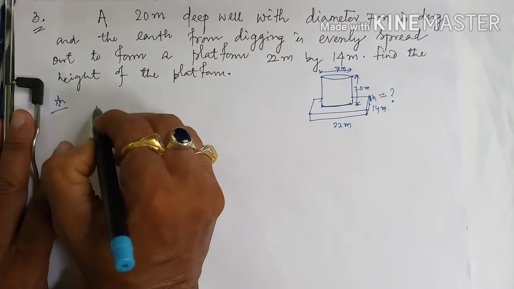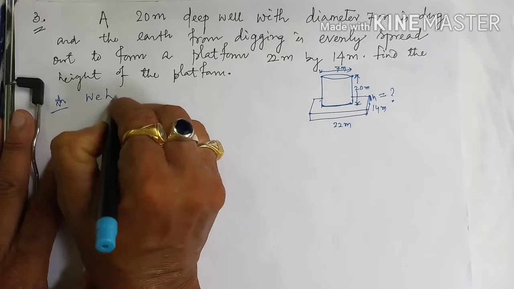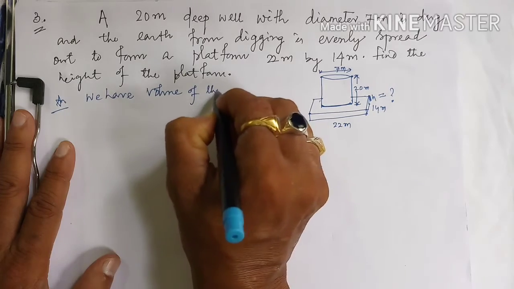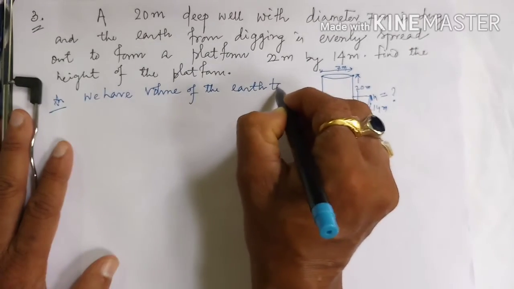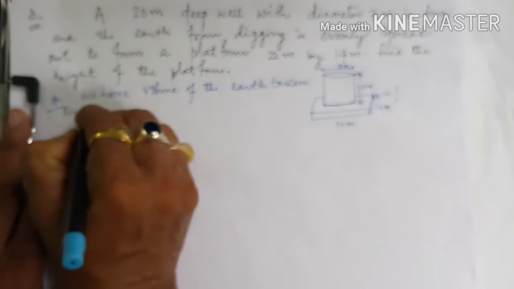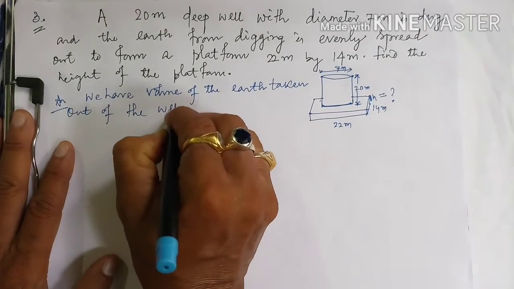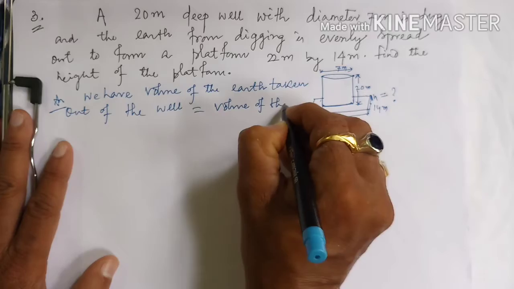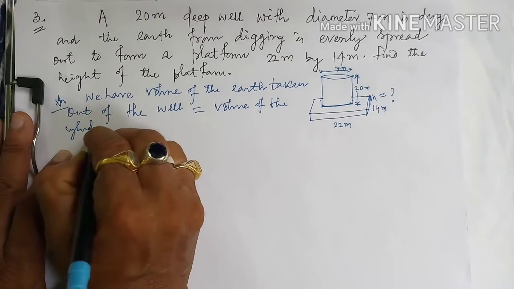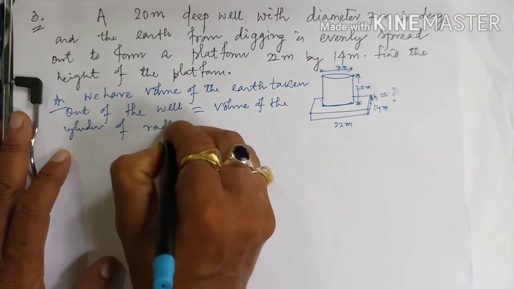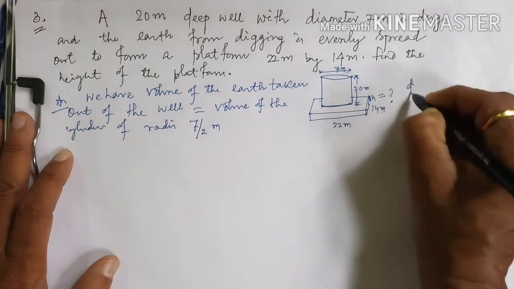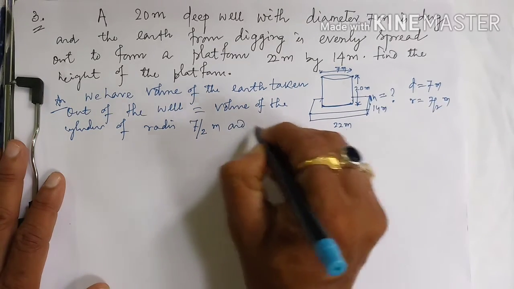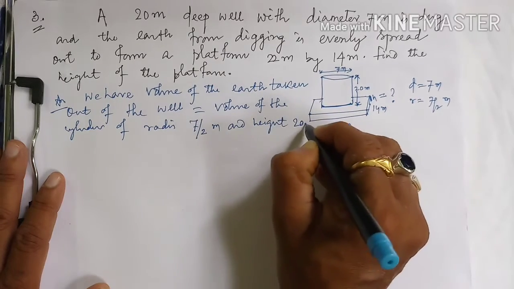So now we have the volume of the earth taken out of the well equal to the volume of the cylinder of radius 7 by 2 meter, as the diameter is 7 meter, so therefore the radius will be 7 by 2 meter, and height 20 meter.